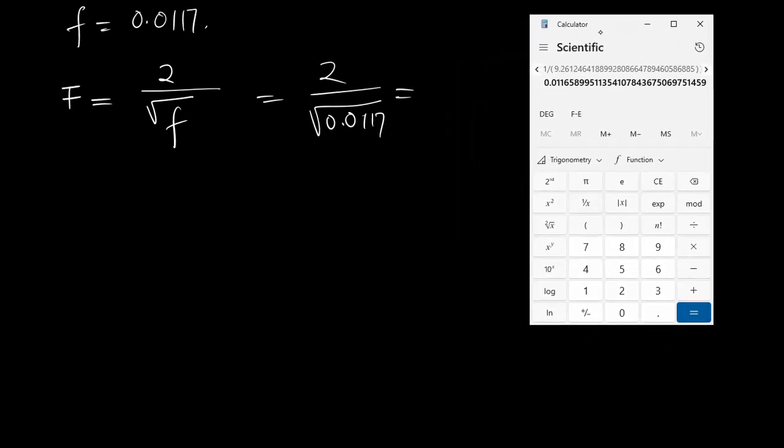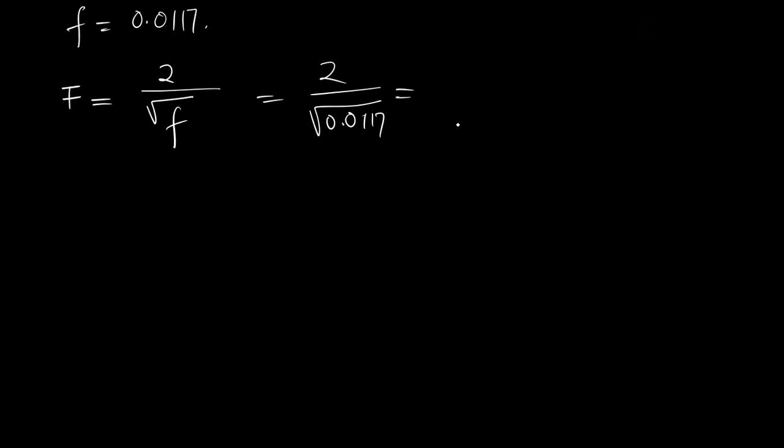We have 2 divided by 0.0117 raised to power 0.5. So we have 18.49.